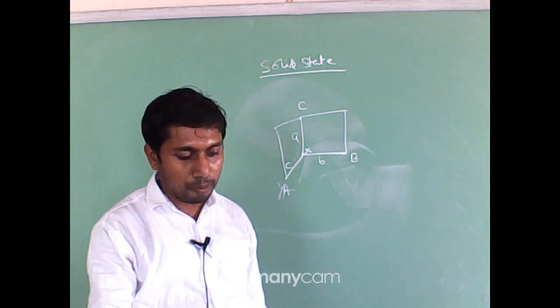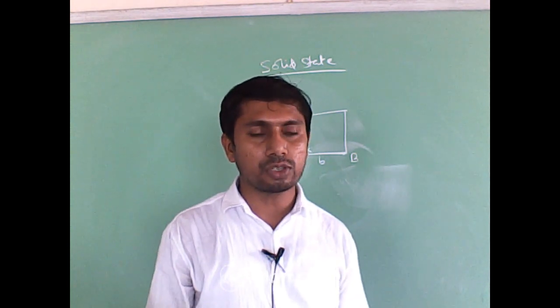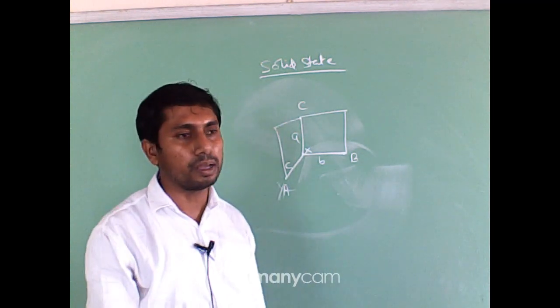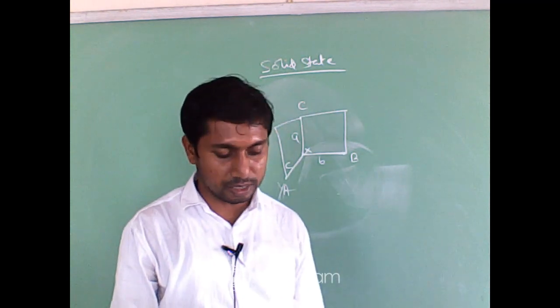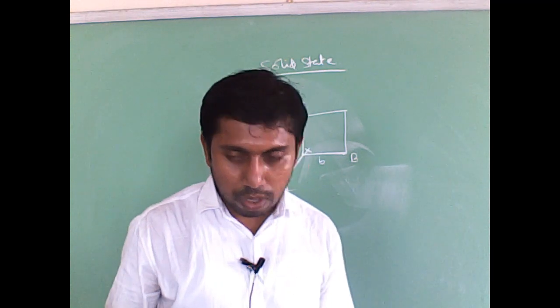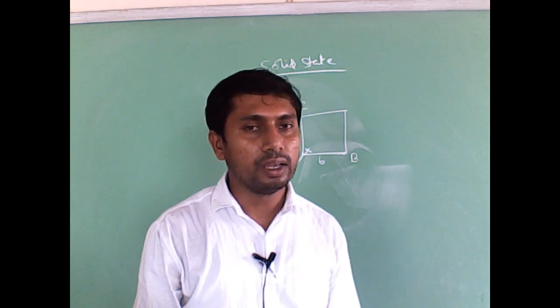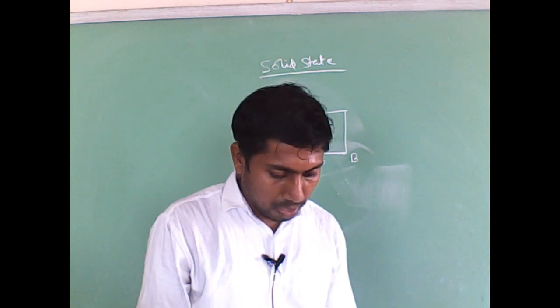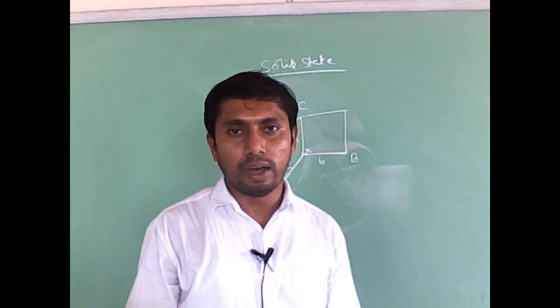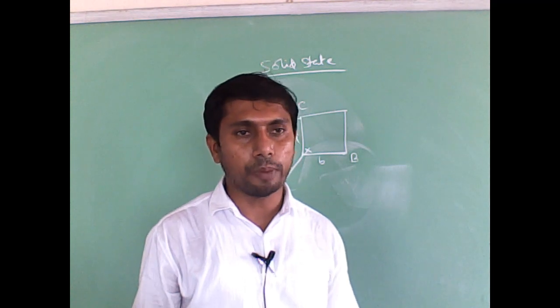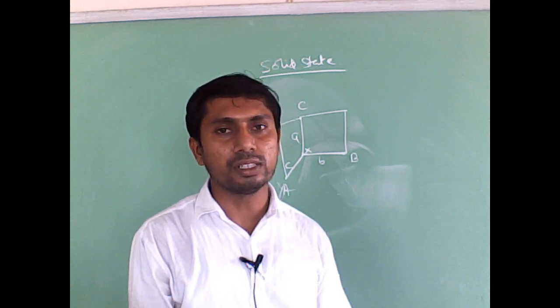Now melting point. Obviously the crystalline solids have a sharp melting point, as in the case of NaCl, KCl, etc. But in the case of amorphous solids, there is a range of temperature over which they melt, because the bond length is not the same and also the angle is not the same.